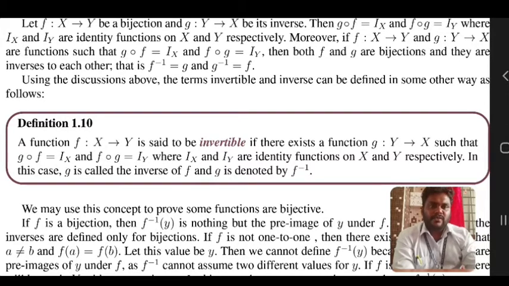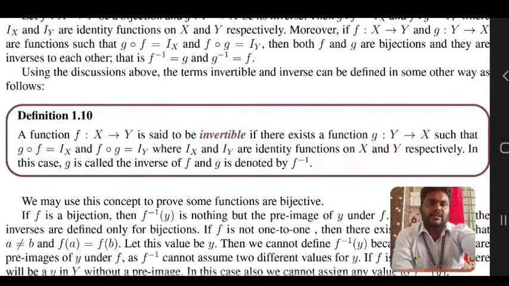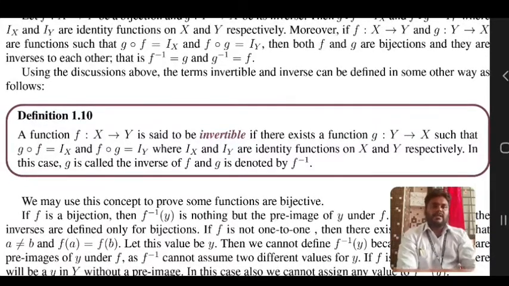In this case g is called the inverse of f, and g is denoted by f inverse.